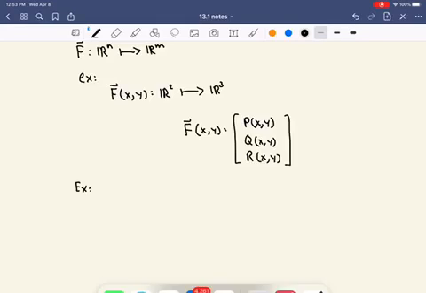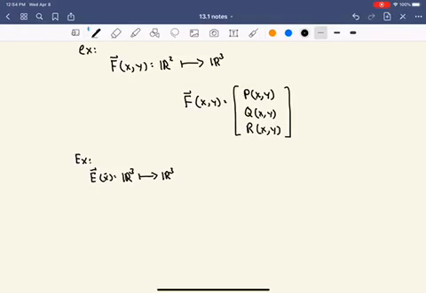So this one is actually the electric field. The electric field has inputs in space and outputs in space. Okay, and it's often written like so.